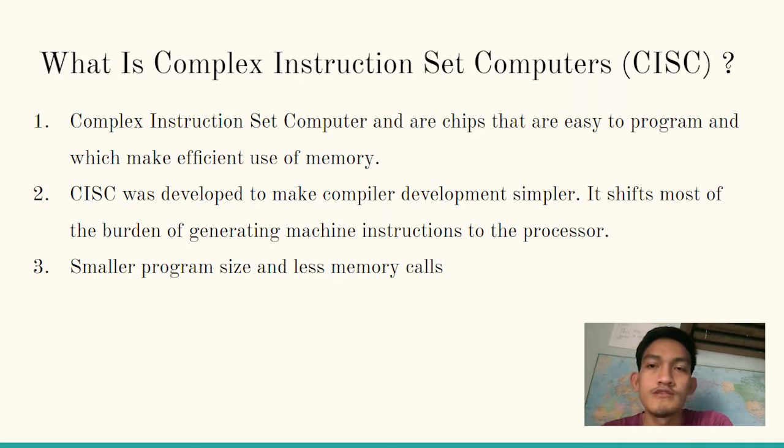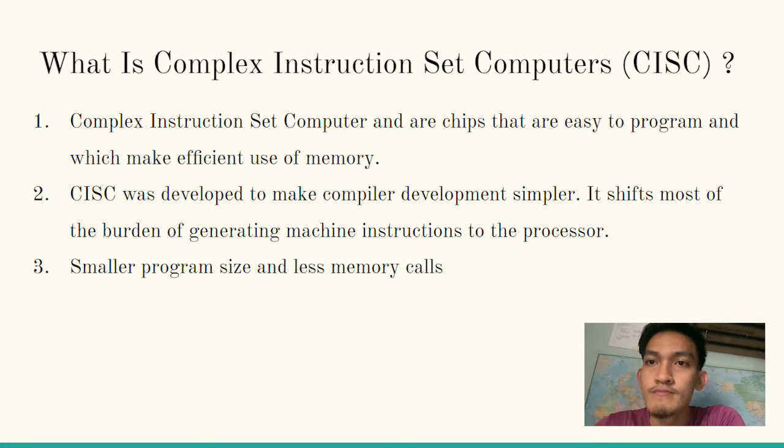First, what is CISC? CISC is a chip that is easy to program and which makes efficient use of memory. CISC was developed to make compiler development simpler. It shifts most of the burden of generating machine instructions to the processor.